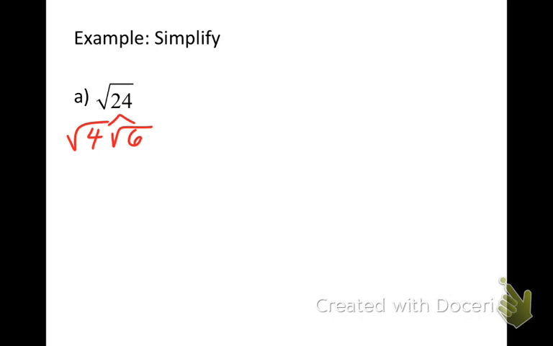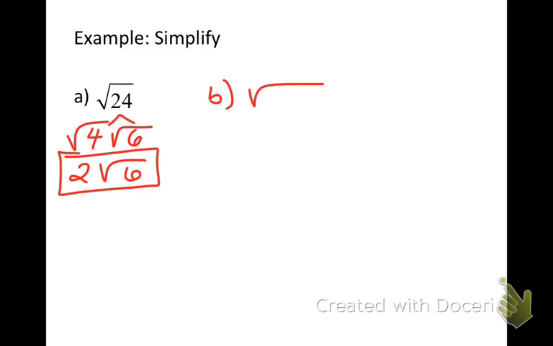So isn't it true that the square root of 4 times the square root of 6 is the square root of 24? Yes. Simplify the square root of 4 to 2. Square root of 6 does not simplify. So that would be 2 square roots of 6. Yes, this should not be new stuff. The square root of 108. What perfect square divides into 108?